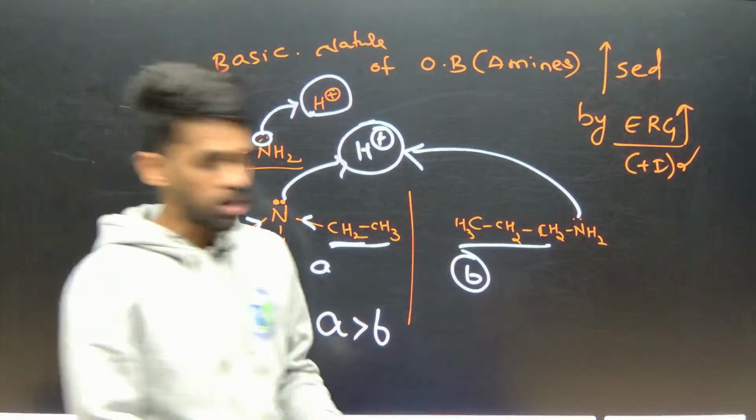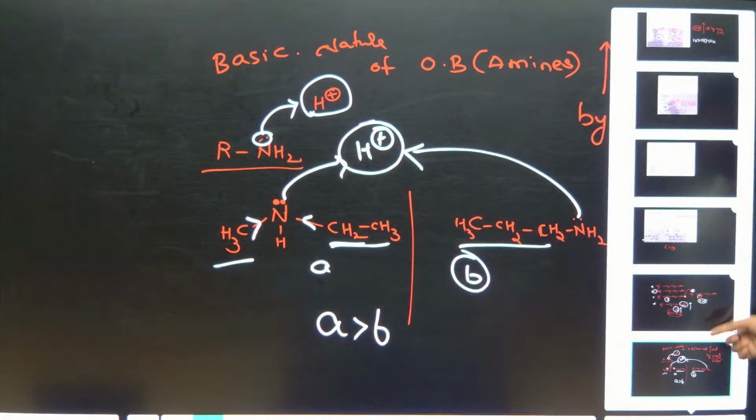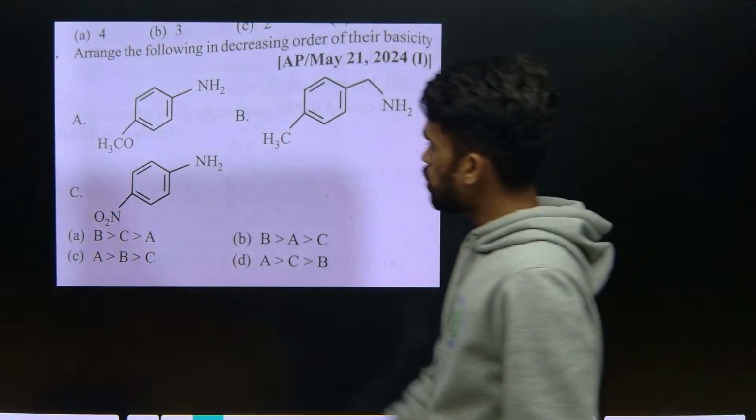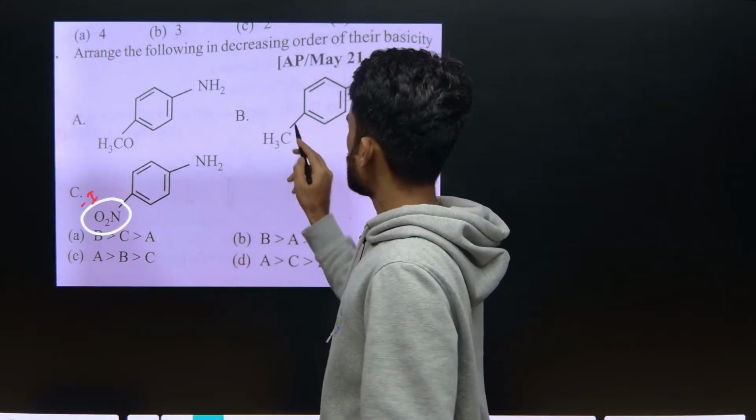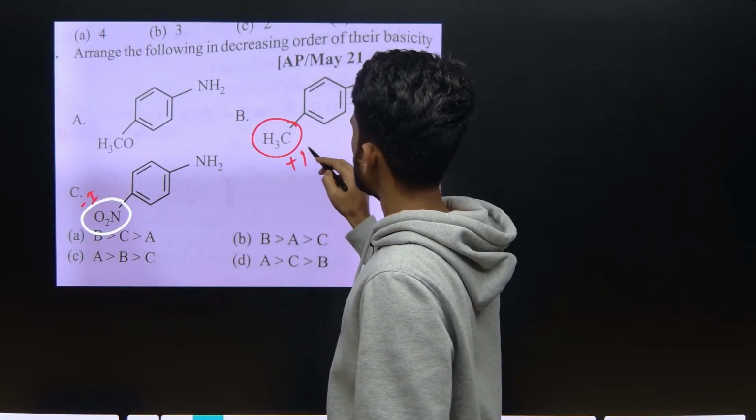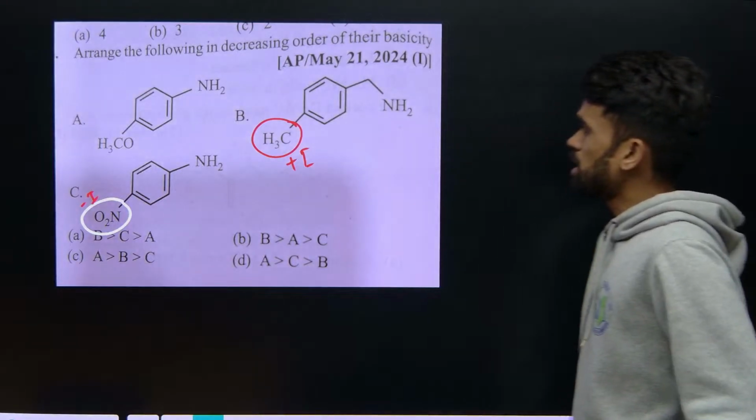If you want, you can look at this one PYQ question to get more clarity. Here you have a nitro group, which is a minus I group, we know. Here you have a methyl group, which is a plus I group, we know. So now tell me what happens.